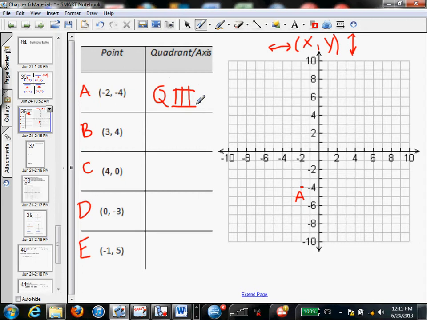Okay, and now for point B, we have 3, 4. 3 is the x, so we have to move right 3. And +4 for y means we have to move up 4. So that is point B. And if you refer back to your previous notes from the first page, that's going to be in quadrant 1.